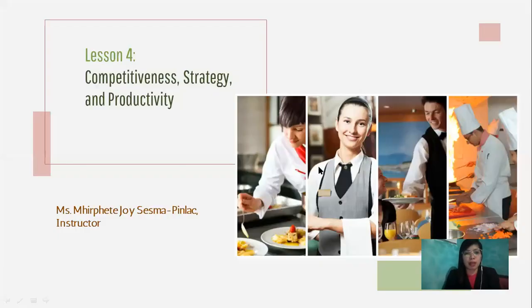For the next topic, we have competitiveness, strategy, and productivity. These are the considerations that an operation manager should bear in mind on how to be competitive, how to strategize, and how to be productive in every operation.